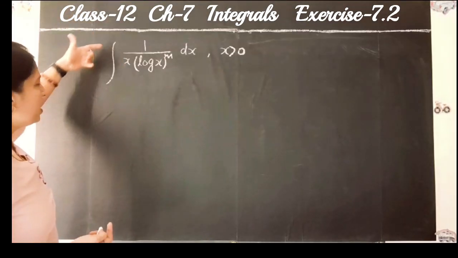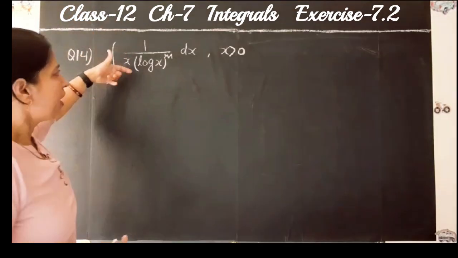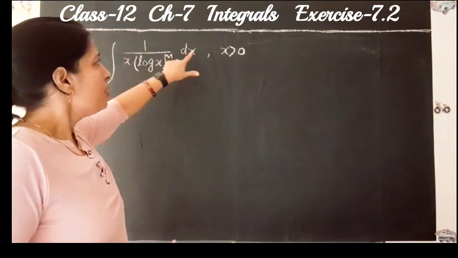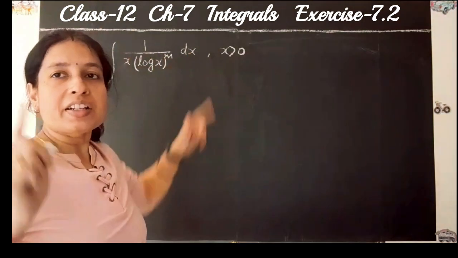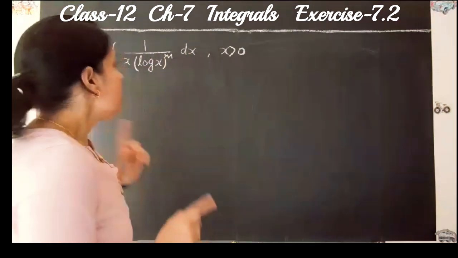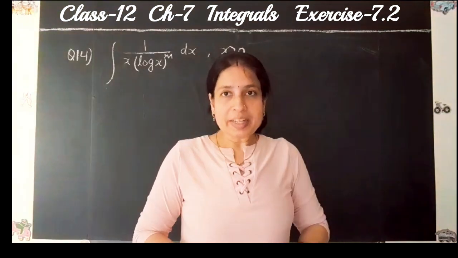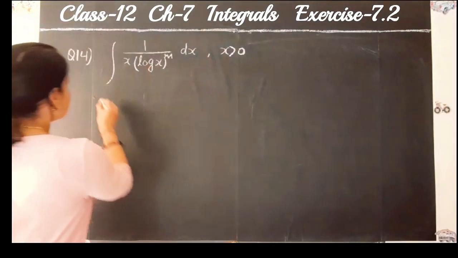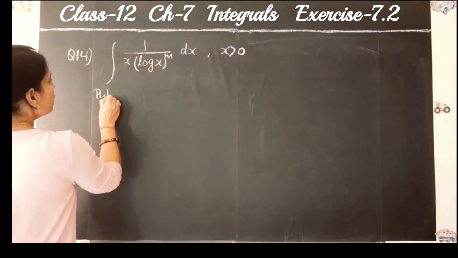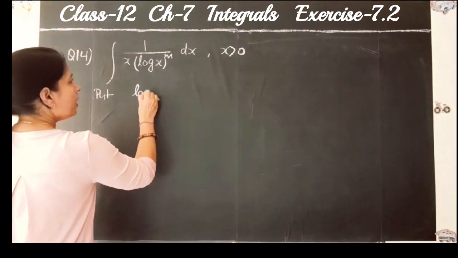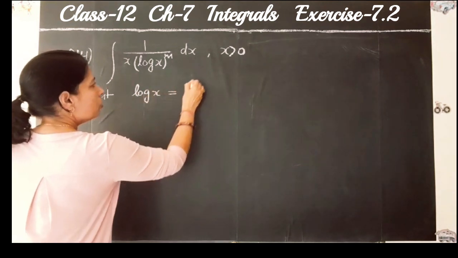Question number 14. It is integral of 1 by x (log x) power m dx. Here given x is greater than 0. So we know that when we differentiate log x, we get 1 by mod x. So first we put here log x is equal to t.